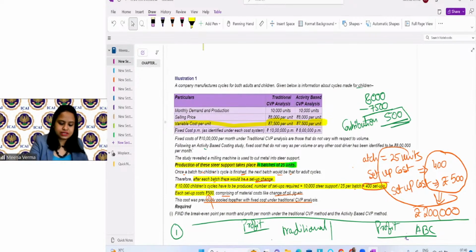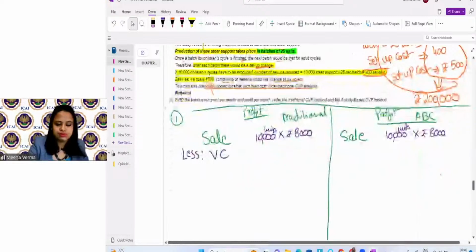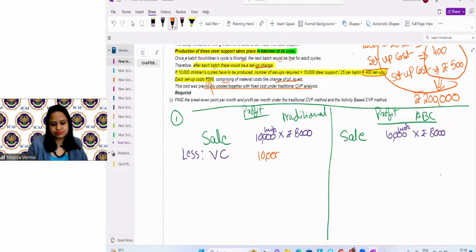So in both the cases, the variable cost per unit is 7,500.